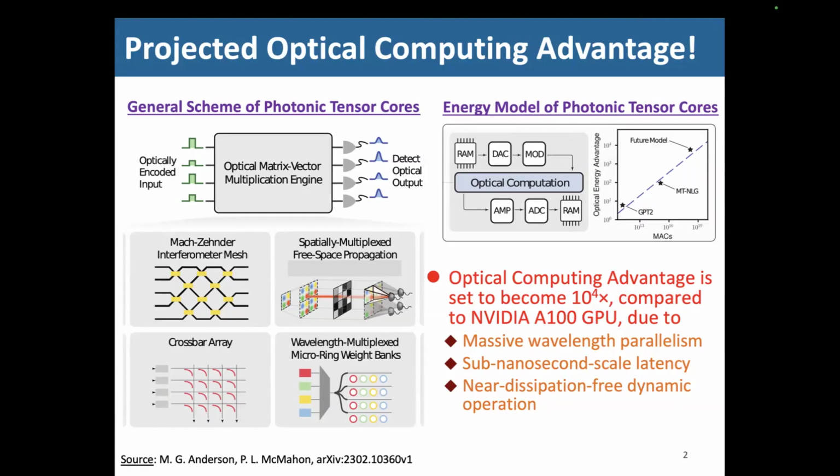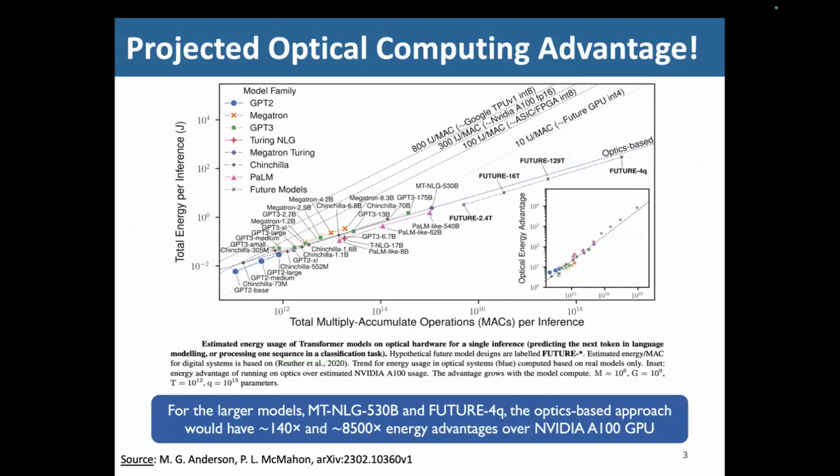So these are the advantages of optical computing. With that, they have shown that orders of magnitude energy advantage over GPUs can be achieved while executing inference tasks of modern transformer neural network algorithms.